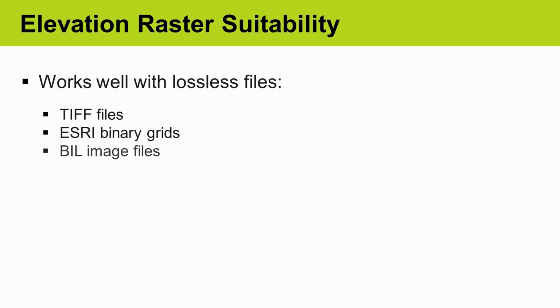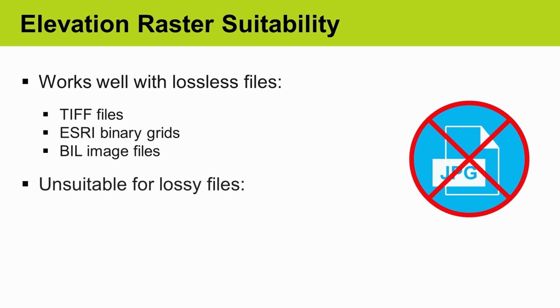One thing that is important to note is that we don't want to use a raster format that uses compression, such as JPEGs, ECW files, etc. The reason is that for a raster elevation dataset to be of any use, the precise elevation values are stored in the image, and using a compressed image format destroys these elevation values.